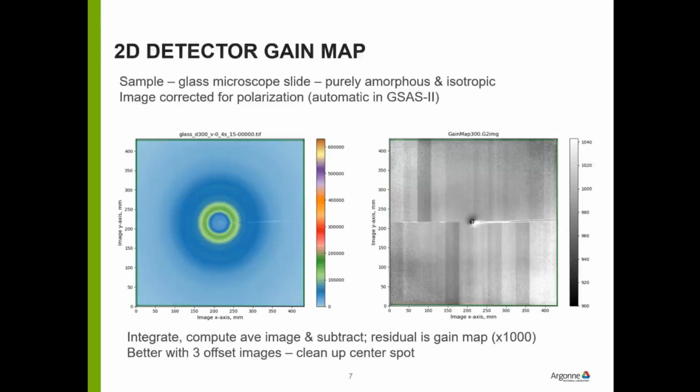This is the beam stop. And there's a variation between the lowest and the highest of about 3 or 4%. And this is so easy to do that it's something that should be done fairly often, because these detector responses actually change with time, depending on how often they've been used and what they've been used for. And so that's that part of the story.